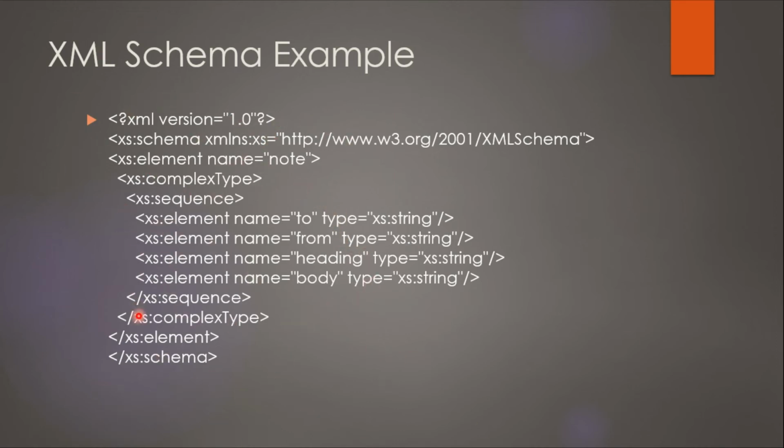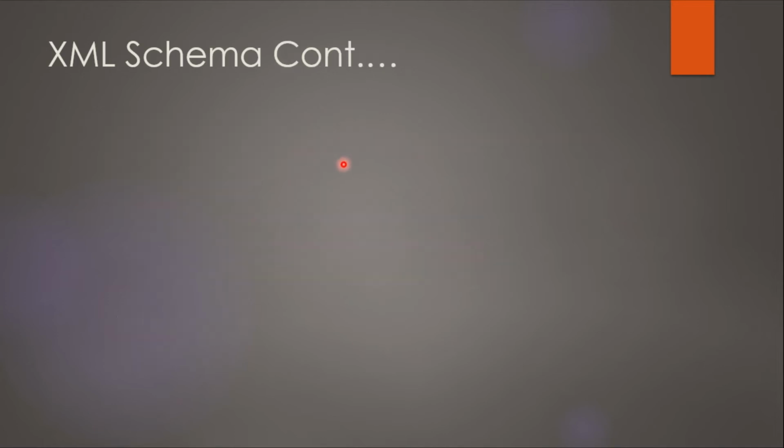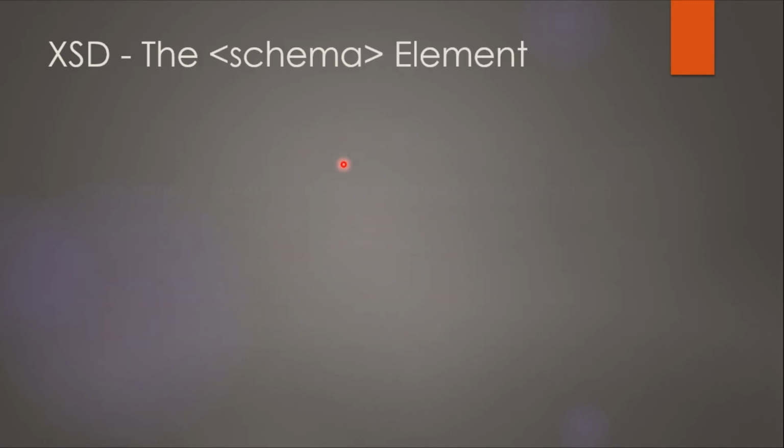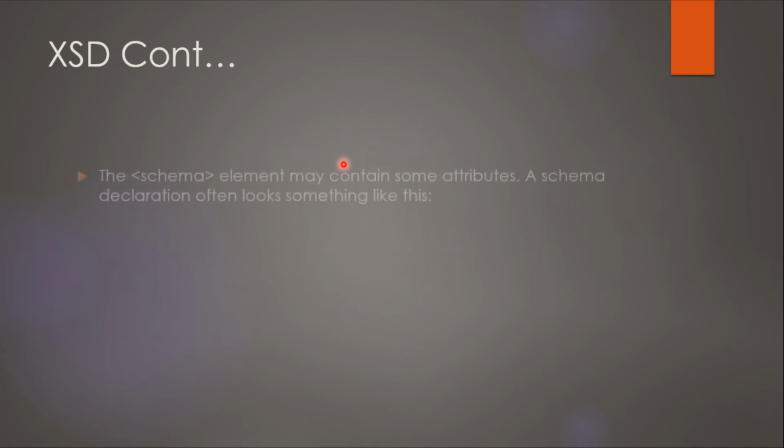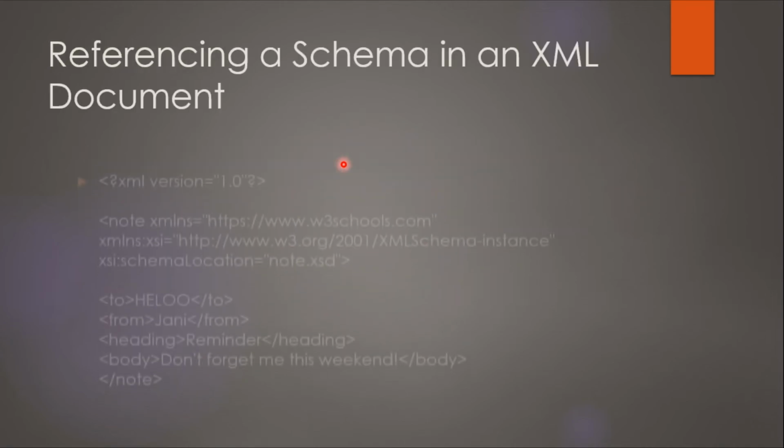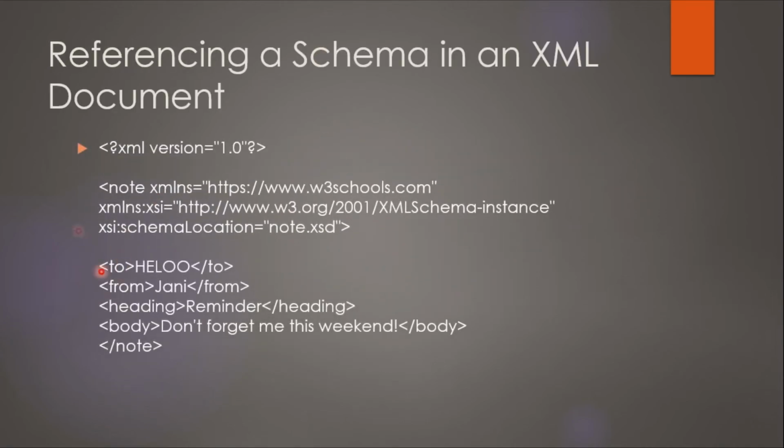This is the note.xsd. Here the sequence is to, from, heading, body, and the root element is note. And this note.xsd is referred to by this XML file. So how to refer to the XSD file in an XML document: with xsi:schemaLocation, note.xsd. Now, to: Jani, heading: Reminder, body: Don't forget me this weekend.